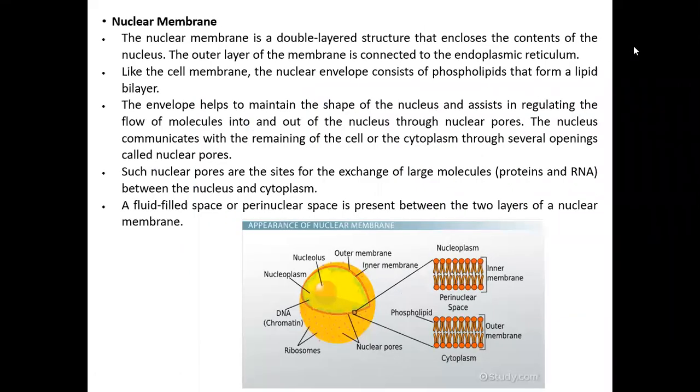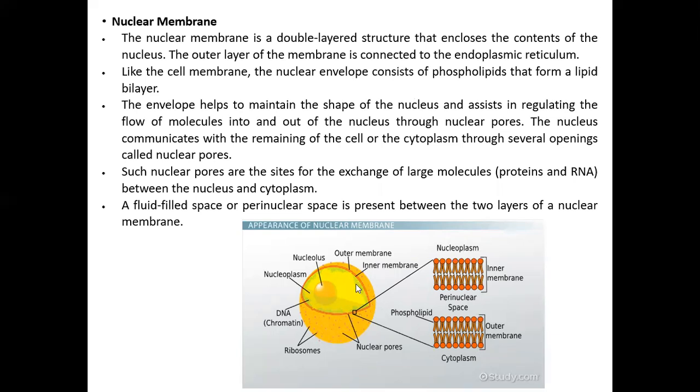Then coming to the nuclear membrane. The nuclear membrane is a double layered structure, as you see in a plasma membrane. It looks the same and encloses the contents of the nucleus. The outer layer of the membrane is connected to the endoplasmic reticulum.